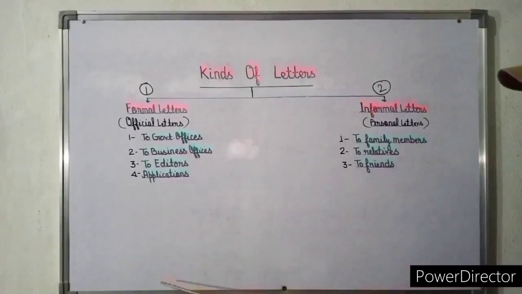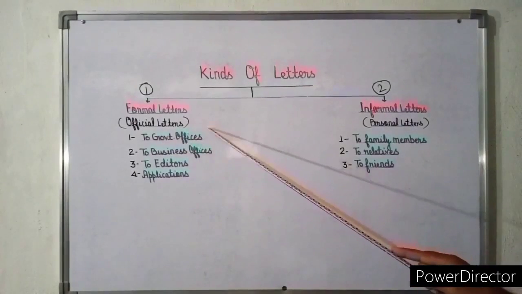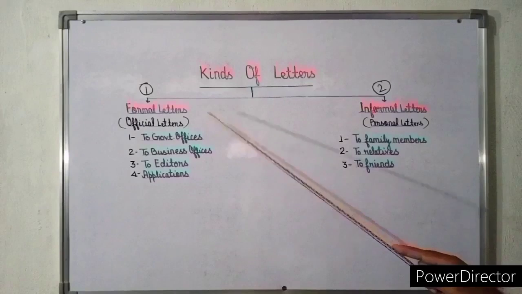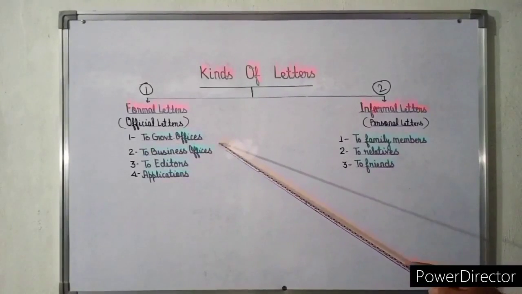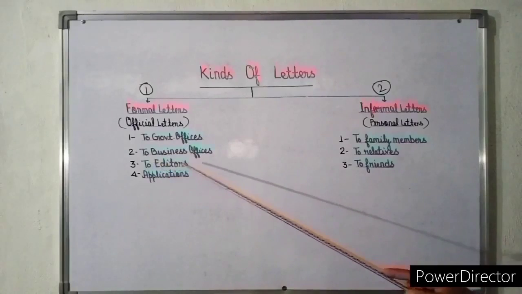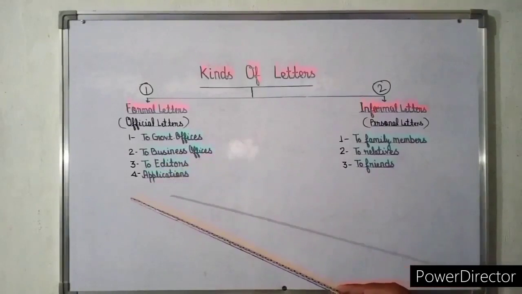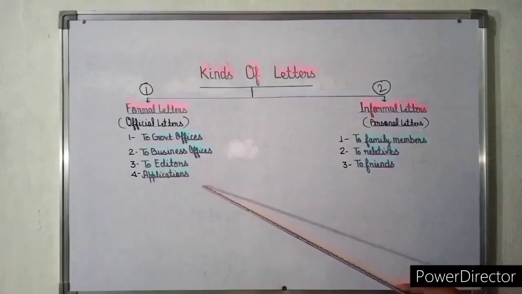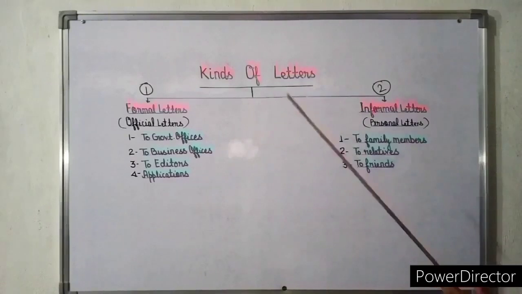Formal letters are the letters which are sent to government offices or officers, which are sent to business offices, or which are sent to editors of newspapers or magazines. Applications also are formal letters.